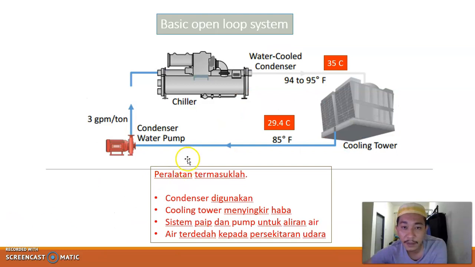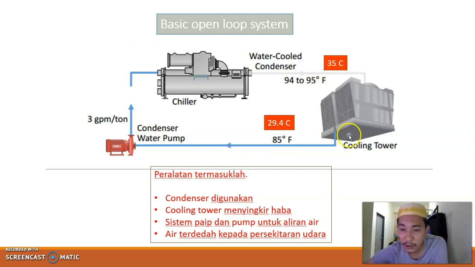Next is the basic open loop system. This is for the cooling tower. Basically, the water-cooled condenser water going to the cooling tower must be higher in temperature than the water coming back to the chiller. The temperature for the water-cooled condenser is about 94 to 95 degrees Fahrenheit, which is about 35 degrees Celsius.